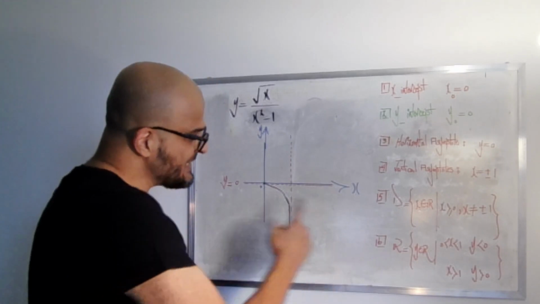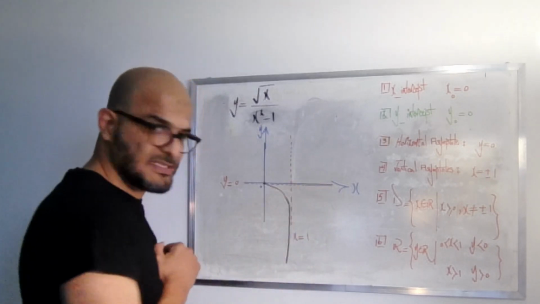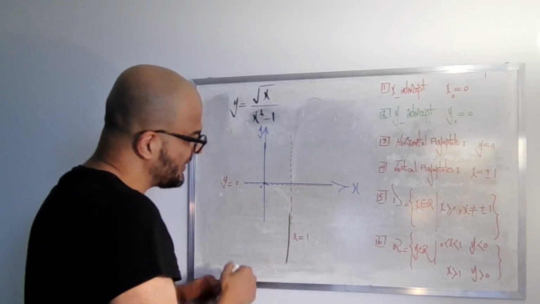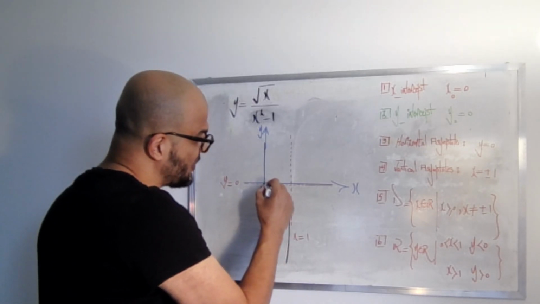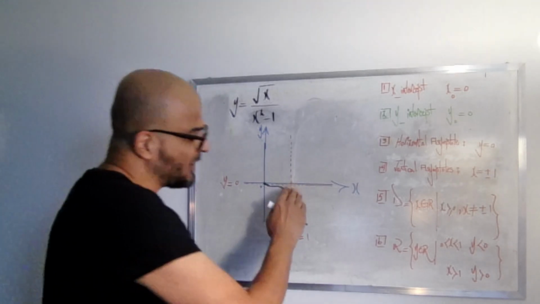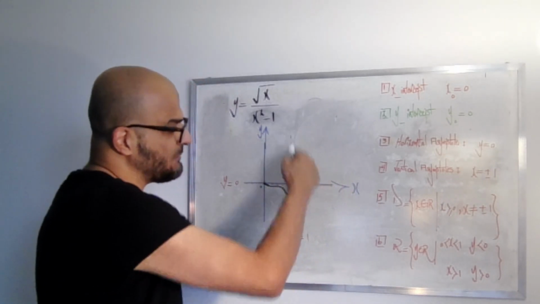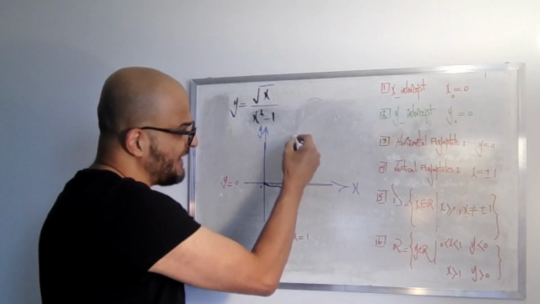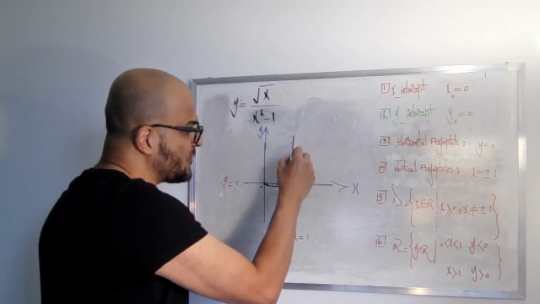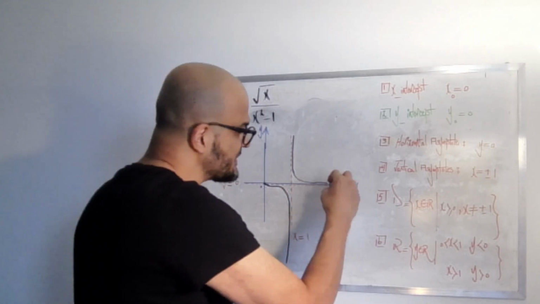But the problem is that with this one, we have one vertical asymptote and one horizontal asymptote. For this one, I have to change the line a little bit because, look at that, we have to get very close to the horizontal line and go towards the vertical line. And when we are looking at plus 1, we said that we are confined between these asymptotes. It means that we have to be at a positive number, but so close to the vertical asymptote, then going to the horizontal asymptote.